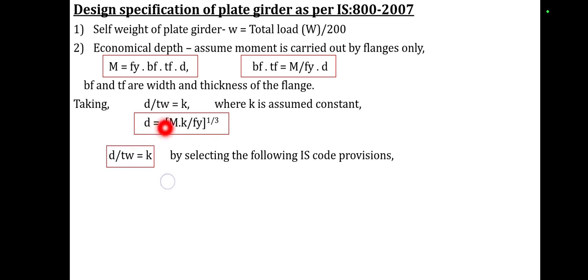Assuming D by Tw is equal to K, where K is assumed as a constant, the depth is D equals (M K upon Fy) raised to 1 by 3, and D by Tw is equal to K. It is selected according to the IS code provision.